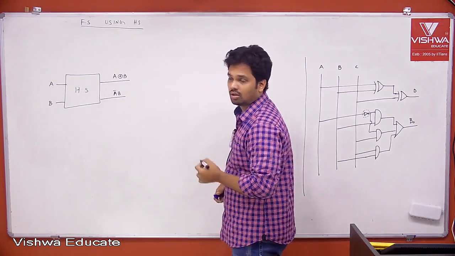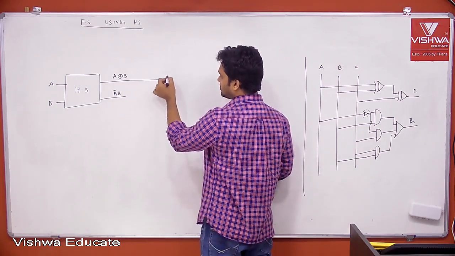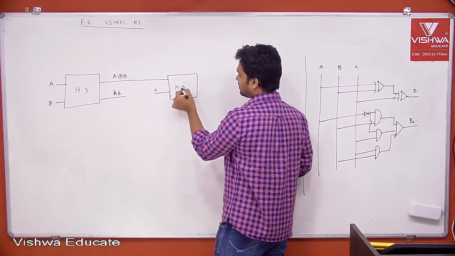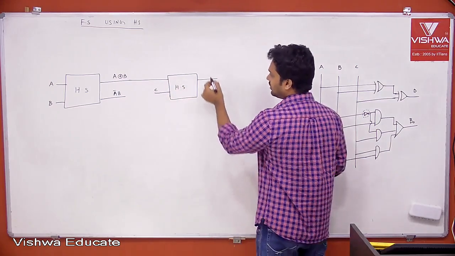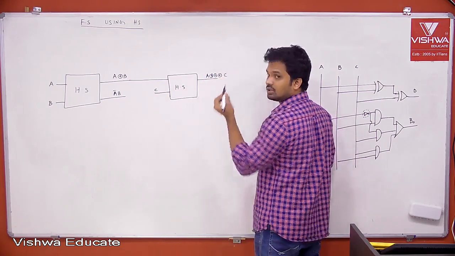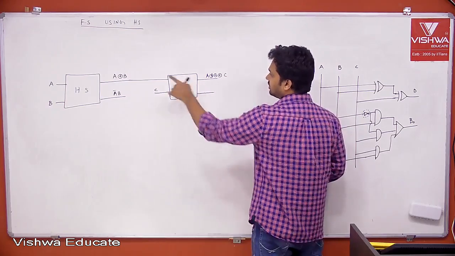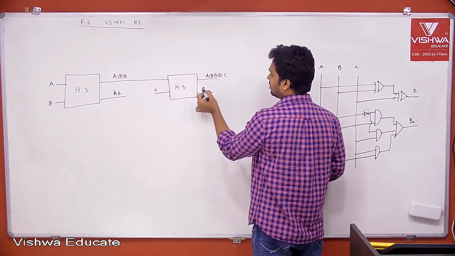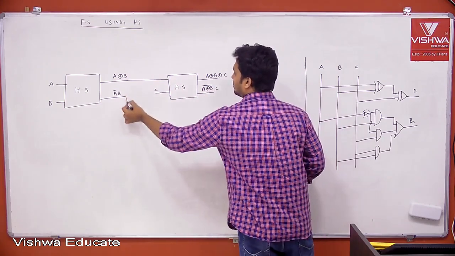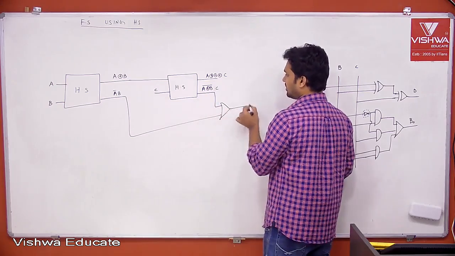Okay. Now take this and C as one input of the second half subtractor. What is the output? A XOR B XOR with C. Now here this bar into this: A XOR B whole bar into C. Now take this and this, perform OR operation.